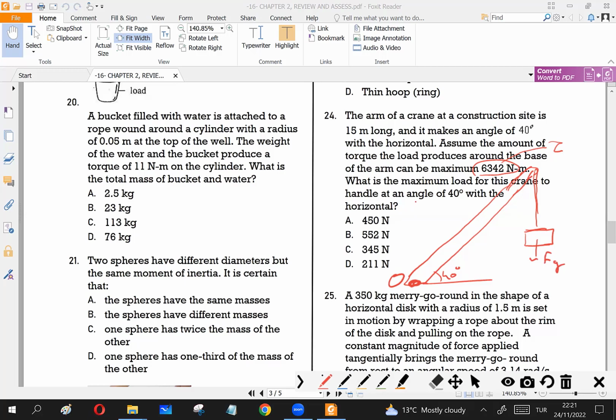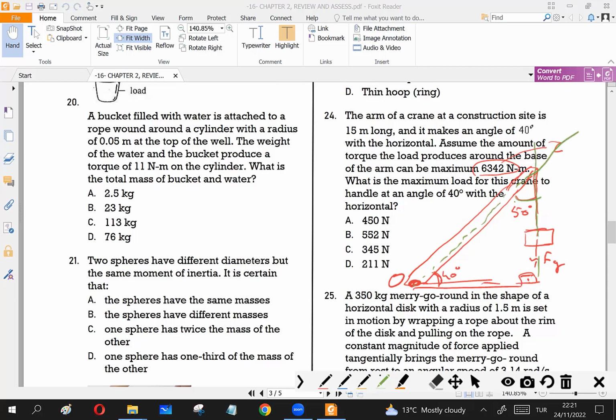When the arm is at an angle of 40 degrees with the horizontal. Okay, if this is 40, and this is 90 degrees, we know that, because the angle between horizontal and vertical is 90. So the other must be 50. Why did I get this angle? Because I need to know the angle between the force line and the distance line to calculate the torque. I have said this to you several times. This is the distance line, this is the force line.